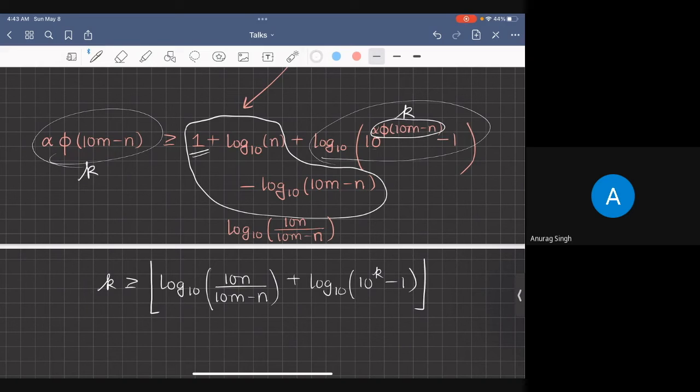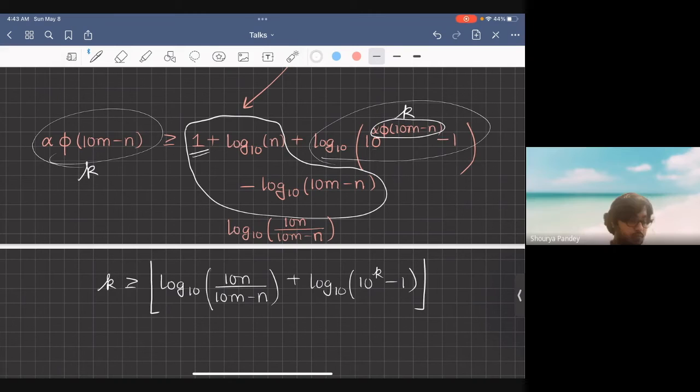Yes, because my assumption of log base 10 of n only suffices when log 10 of 10 to the k minus 1 reaches its maximum value. But it is not every time it reaches the maximum value. Hmm. What do you mean reaches its maximum value? I'm not sure if I understand what that sentence means.